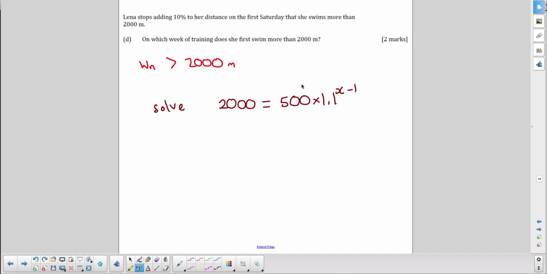So to proceed with that, I'm going to type in y1 equals 2000 and y2 is equal to 500 multiplied by 1.1 to x minus 1. So I've done that on the calculator. I type in y1, y2.